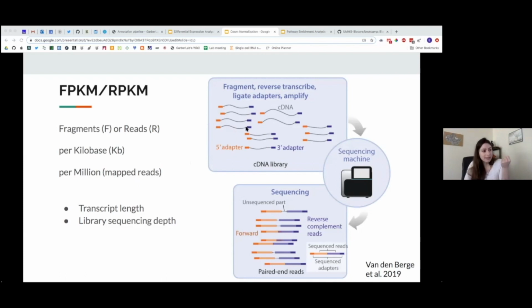It depends on whether you sequence both ends of your fragment in your library or only one end. In the beginning, most of the libraries used to be single end. And that means that you ligated adapters to this fragment, but you only sequenced one end of this fragment. So you could have reads per kilobase per million because each read came from one fragment in your original library.